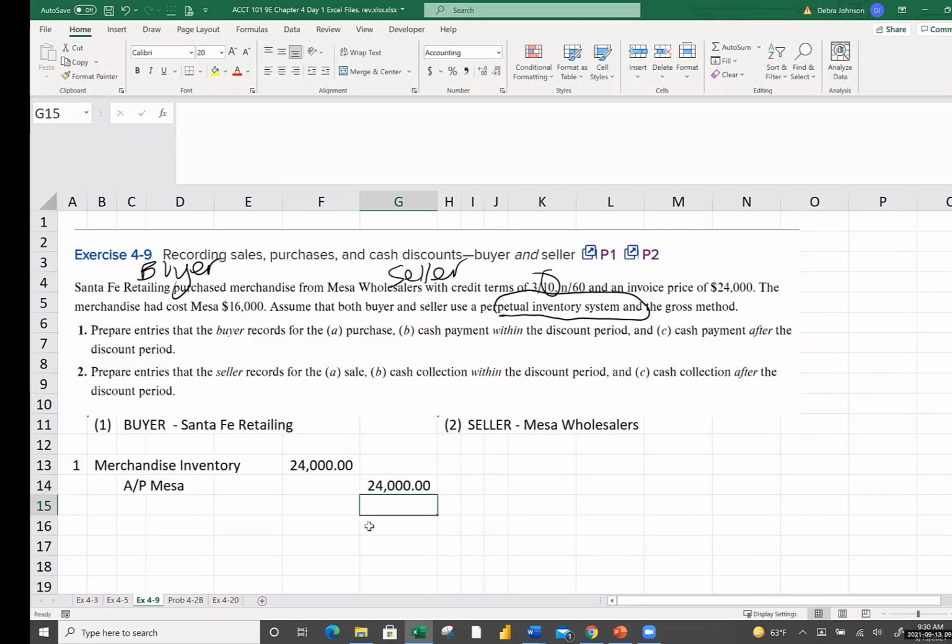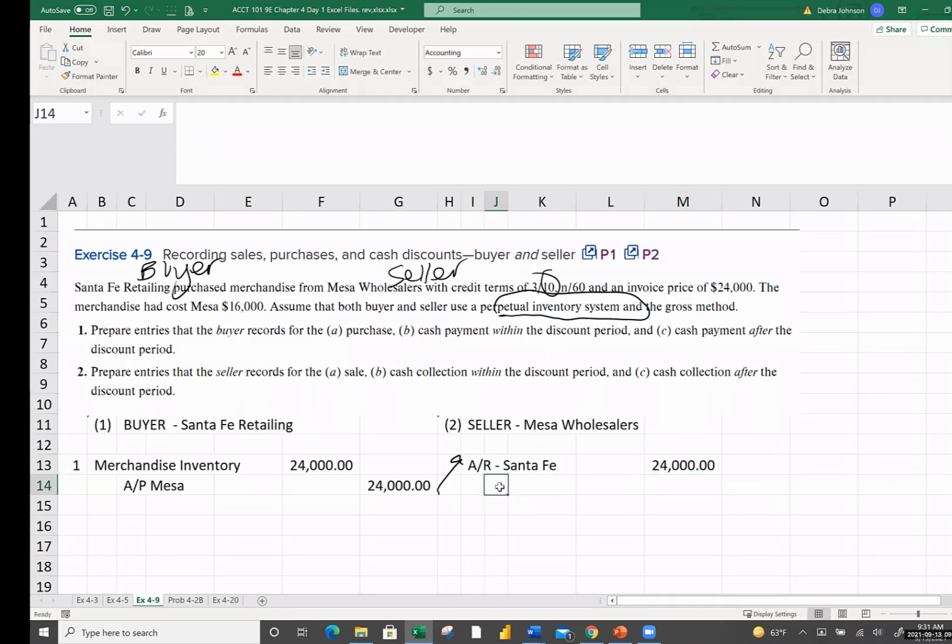Okay, there's our entry. We're going to do the same thing on number 2 from the other side of the house. What's the seller going to be doing that sold that to us? This is what I mean about this mirroring effect. On the seller side, he or she has an accounts receivable on their books for that $24,000.